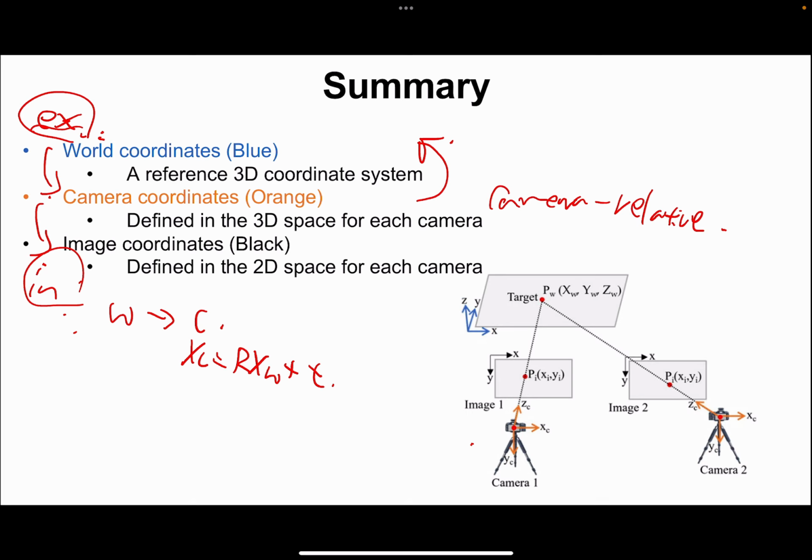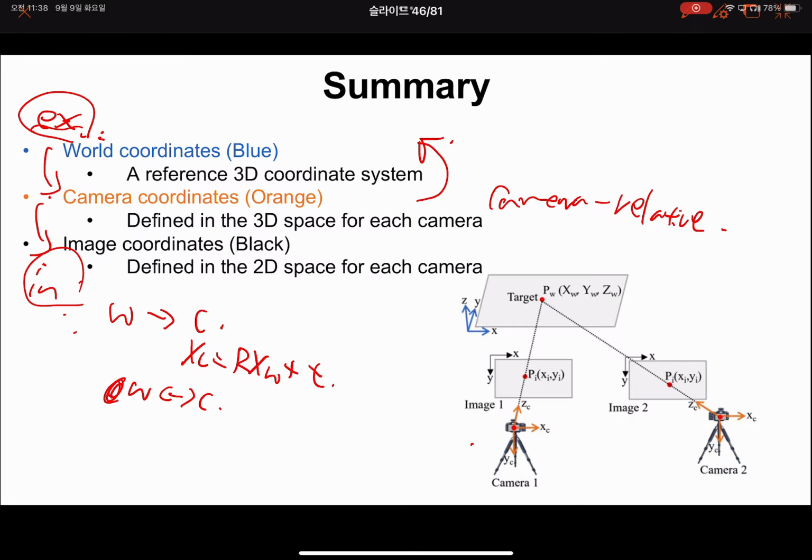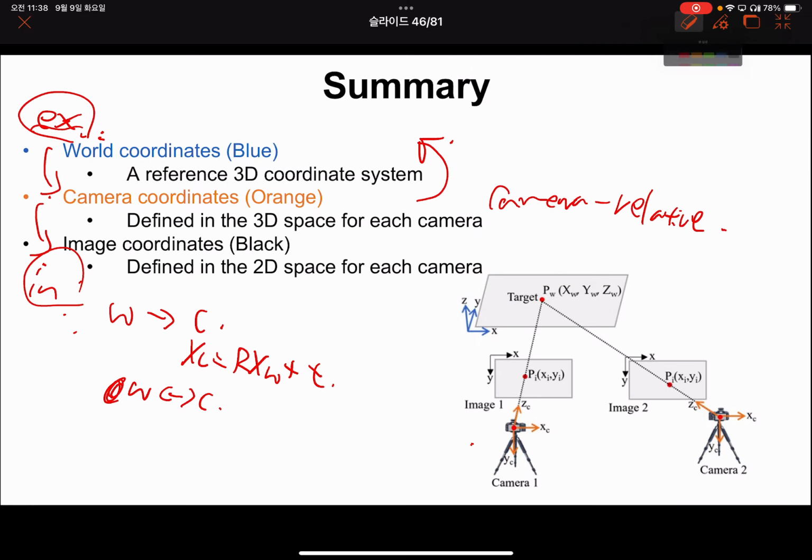And then we might want to restore camera coordinate system to world coordinate system.